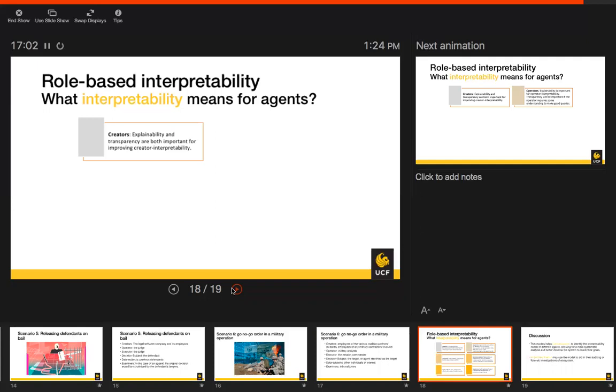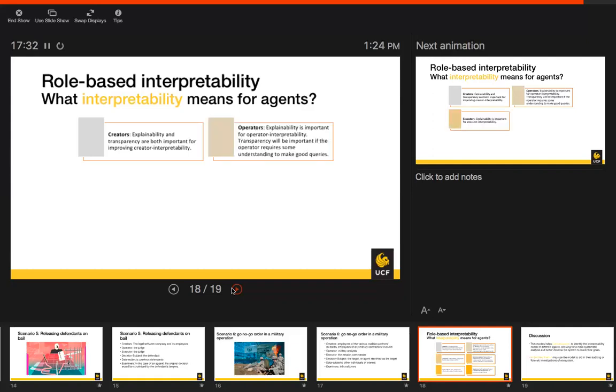The creators want to create a good machine learning system to reach their goal, maybe maximize their profit, like in scenario 1, or maybe other goals. So they would like to know whether the output is explainable, and they also focus on the transparency of the data.